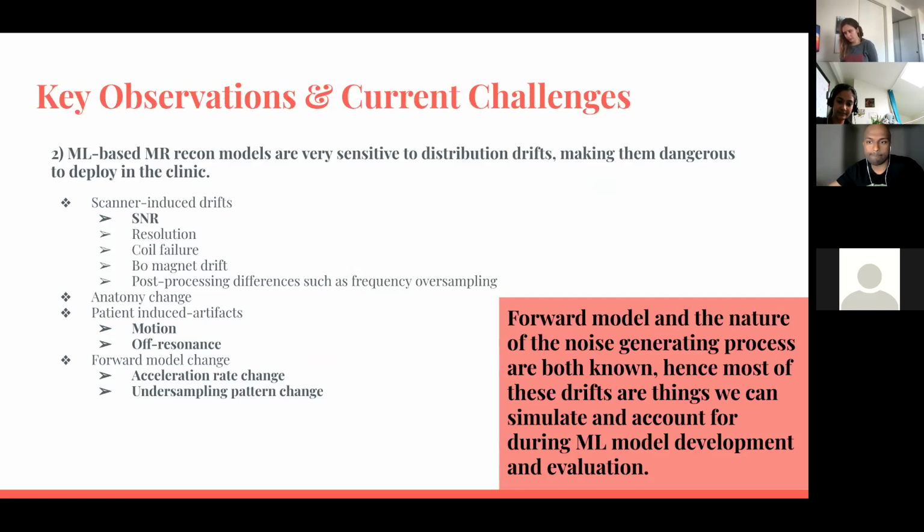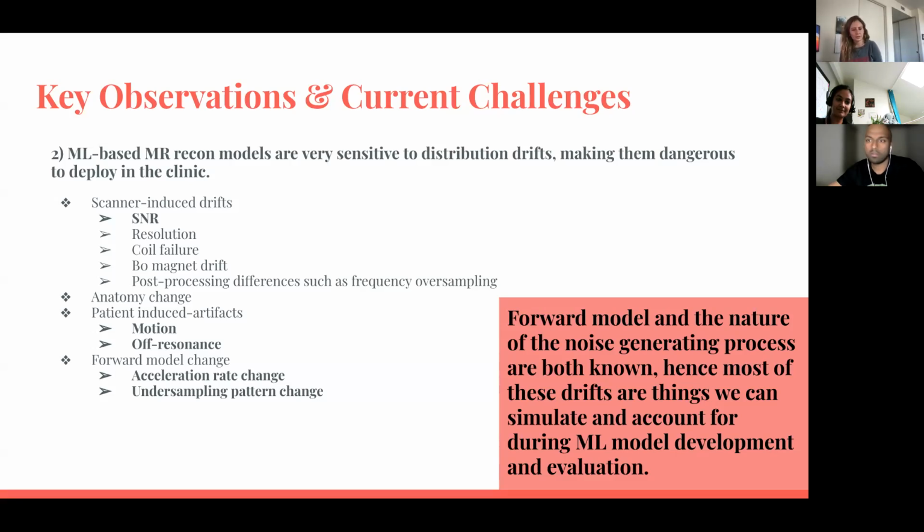Yeah, exactly. That's exactly the point I was trying to make. In a lot of these cases we know the source of where this drift is coming from. For some of these it's not as obvious. When I say post-processing differences such as frequency oversampling, this tends to depend on the scanner machine itself, and they don't give you the trade secret, so you're never going to know.